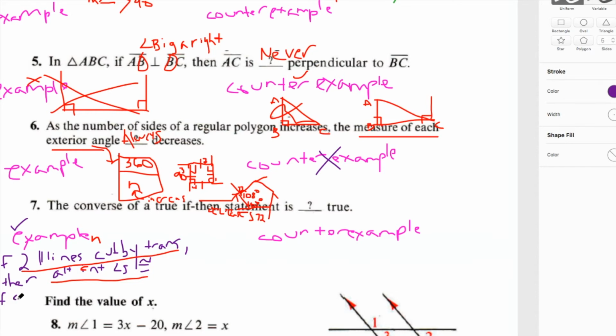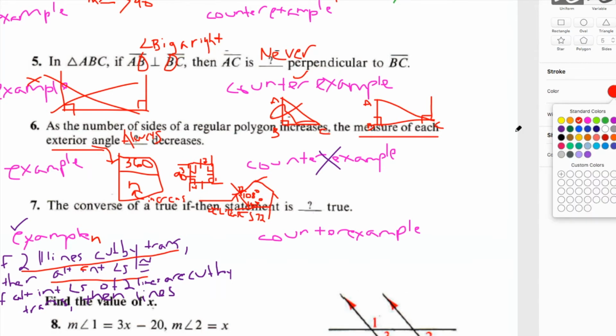So if alternate interior angles, and in order to have alternate interior angles you'd have two lines, and we don't know they're parallel, cut by a transversal, then, since our hypothesis originally was that the two lines were parallel, that should be the conclusion here. So, cut by a transversal, then the lines are parallel. And we know because we've proven this one that this is absolutely true.